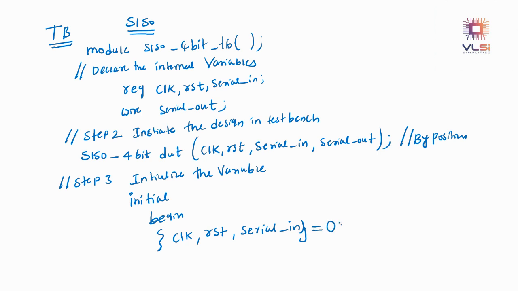And next step 4, generate the clock. We are using always, you are giving #5 clock equal to negation of clock.